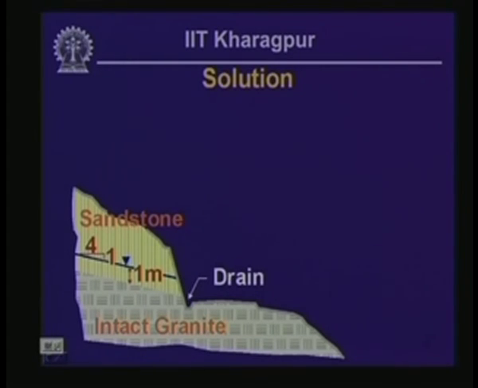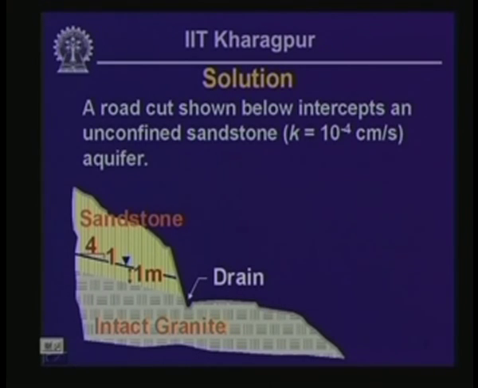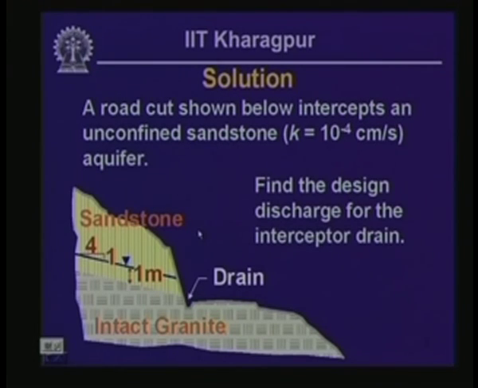The question I asked was how much flow will be intercepted by the drain that runs parallel along the left edge of the highway, shown on the cross section in the sketch. The permeability of the sandstone aquifer was 10 to the minus 4 centimeter per second, and I asked you to find the design discharge for the interceptor drain.